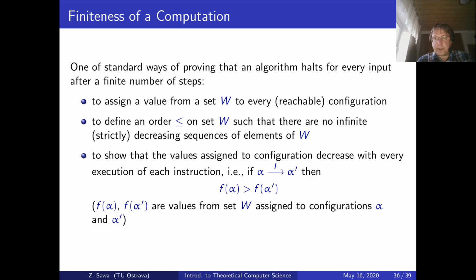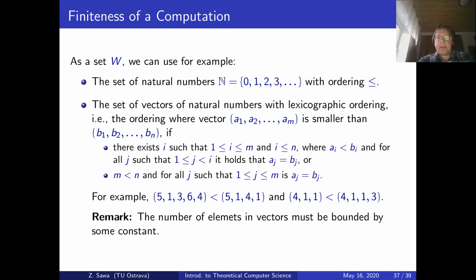After reaching a new configuration, I will have an even smaller value, and smaller again. If for the given set and ordering there are no infinite strictly decreasing sequences, where the next element is always strictly smaller than the previous one, then there cannot be an infinite computation, because an infinite computation would produce an infinite decreasing sequence of values from W. And if the invariants are preserved, the computation cannot end in a bad way, so it must end correctly in the final state. So what could this set W be?